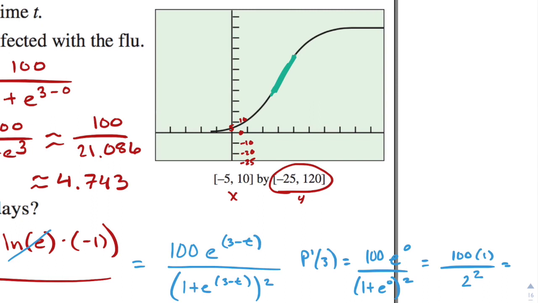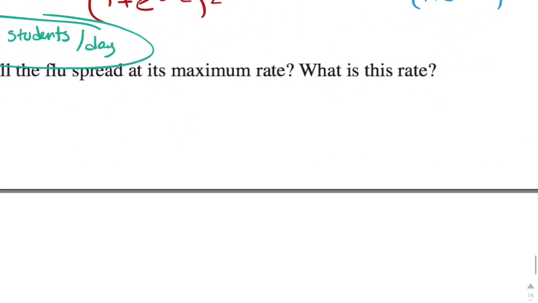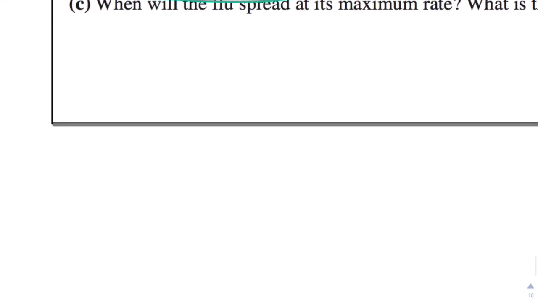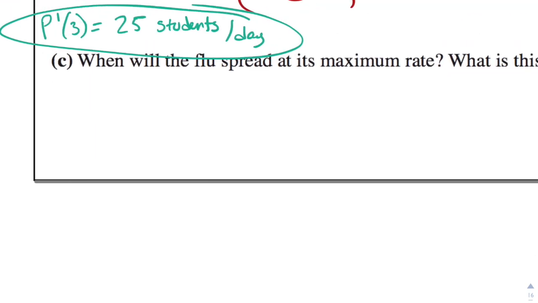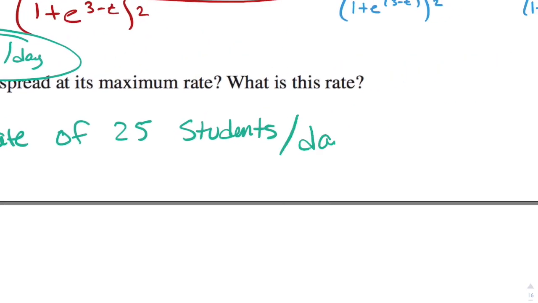We don't know how to find the maximum rate yet. This is going to bring us into our next unit. So instead of me teaching you that now, let's leave this open-ended and say we have a max rate of 25 students per day on about day 3.